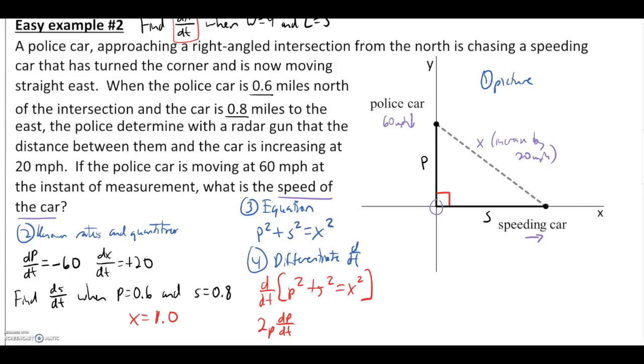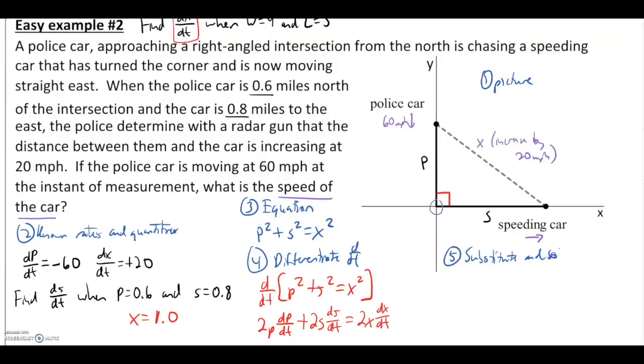Just like how we talked about adding a dy dx on with implicit differentiation, everything in here, we're going to need to add the derivative of this variable with respect to time, because we are implying that every variable is a function of time. So these are all little miniature chain rule problems. This will be plus 2s ds dt equals 2x dx dt. And we'll get last step with a nice one.